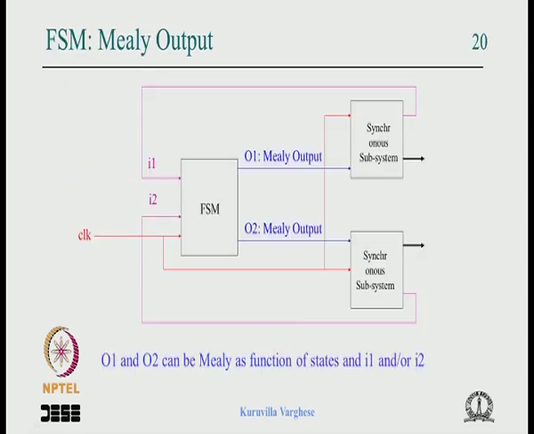So I am putting that in the picture. You have 2 synchronous subsystems. You can imagine this is a register where the control signal, maybe an enable signal, is given by the state machine, or this is a counter enabled by the state machine, or with a load signal from the state machine.